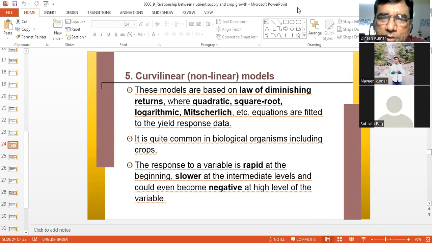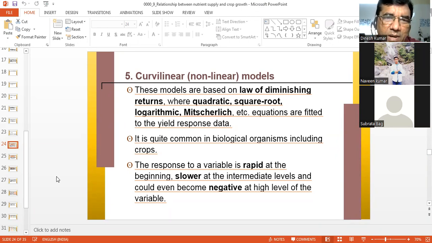So you understand, overall these models are based on the law of diminishing return, where quadratic, square root, logarithmic and Mitscherlich equations are fitted. So the Mitscherlich equation itself is a kind of curvilinear model. Such a curvilinear relationship is quite common in biological organisms: initially very slow, then increases very fast, then slows, then becomes negative.